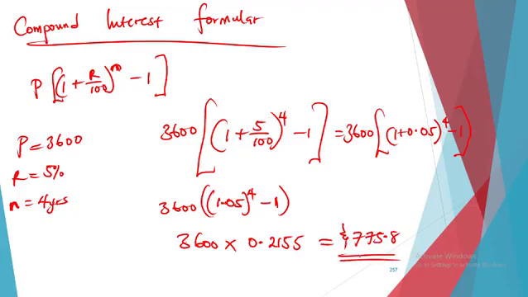And what did we get initially? 775.82. So this is a shorter way of solving a compound interest problem. Once you know the formula, you can apply it anytime, anywhere, and in any problem.